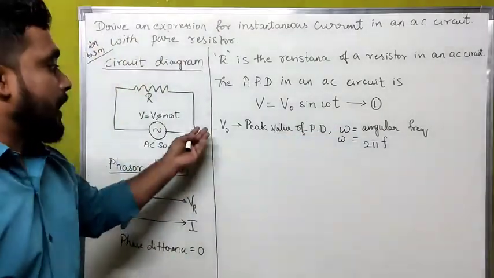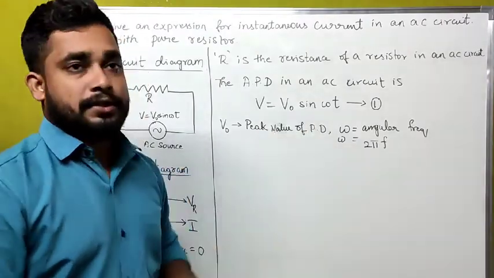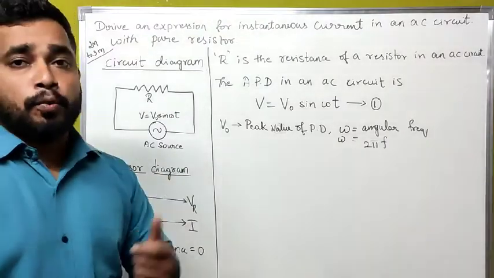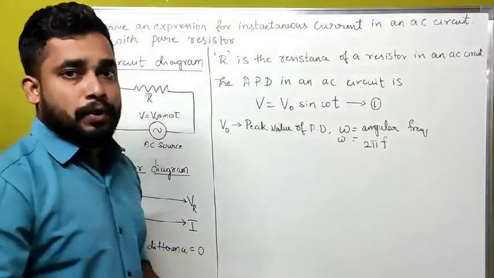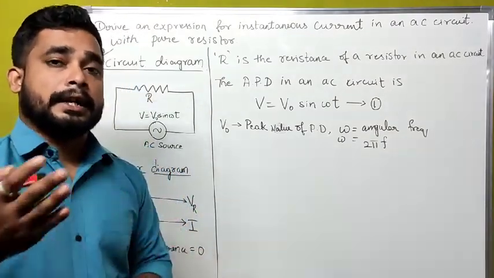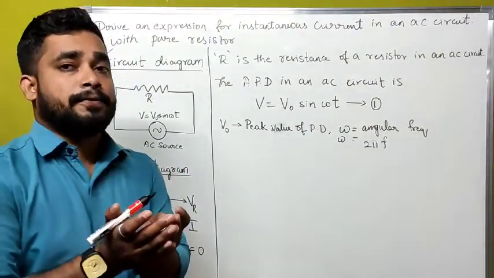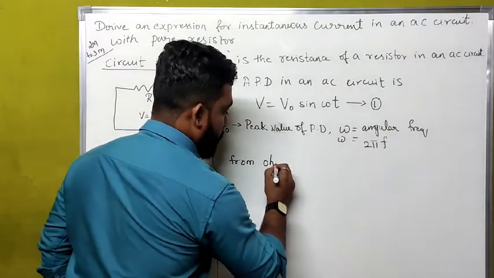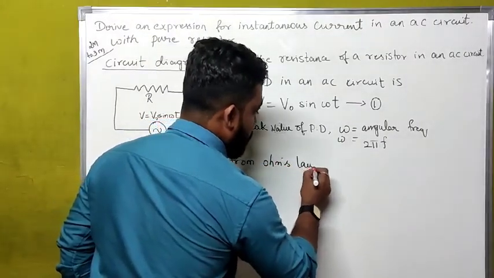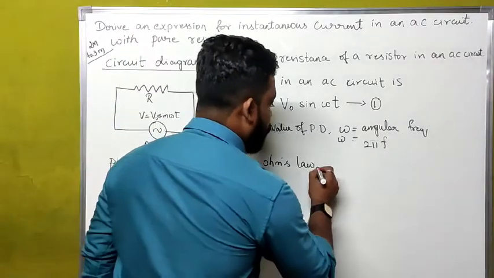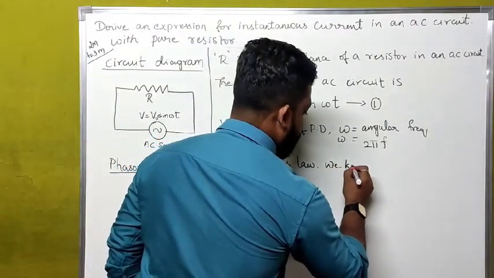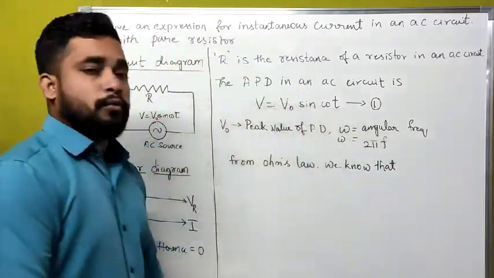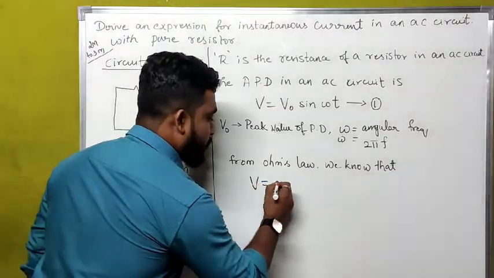Omega is angular frequency and V naught is the peak value of potential difference in this equation. But we know from Ohm's law. What is Ohm's law? The potential difference is directly proportional to current. That is the basic form of Ohm's law. That is, from Ohm's law, we know that V is equal to I into R.